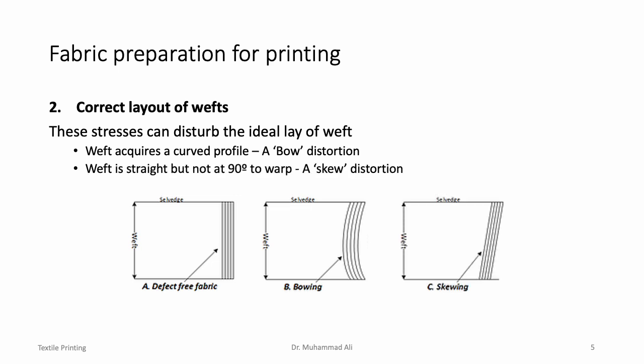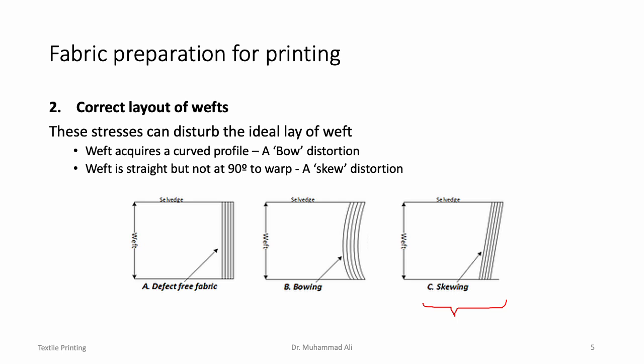There is another possibility. The pulling forces that are applied on the fabric can result in a distortion known as the skew distortion. In this case, as you can see in the image here, the weft yarns are a straight line, but that straight line is no longer perpendicular to the warps.